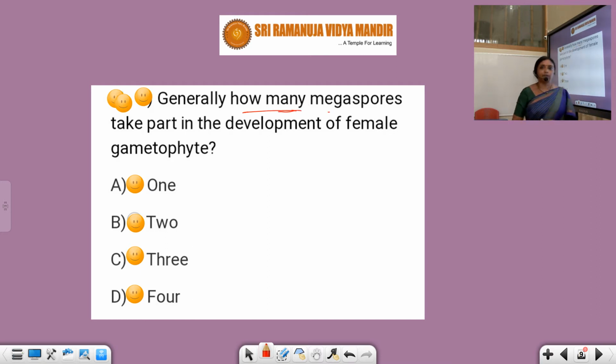But in bisporic type, out of 4, 2 degenerate and 2 remain as functional megaspores, and these 2 megaspores participate in the formation of embryo sac. That is bisporic type, but it is rarely seen. And in tetrasporic, all 4 megaspores participate, nothing is degenerating here, and it forms the tetranucleate, 8 nucleate or 16 nucleate type of embryo sac.